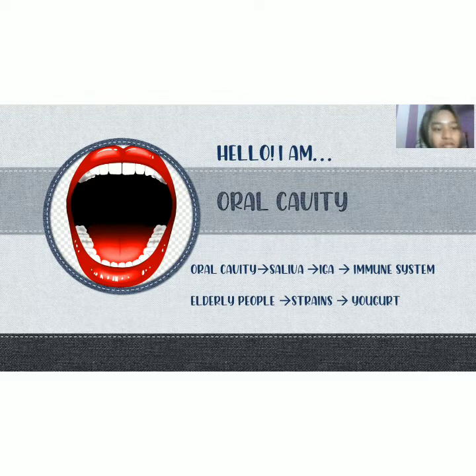Saliva contains several antimicrobial agents, with the major and most important antibody being immunoglobulin A, or IgA. The monomeric fraction of salivary IgA is generally small, and most IgA in the saliva exists as secretory IgA, a dimer.